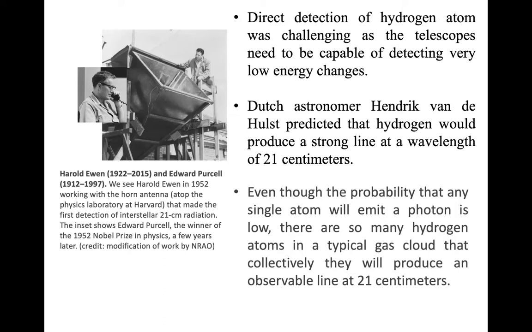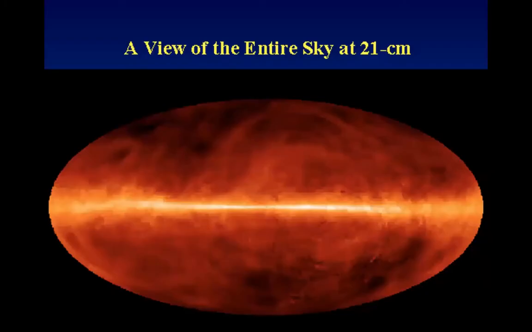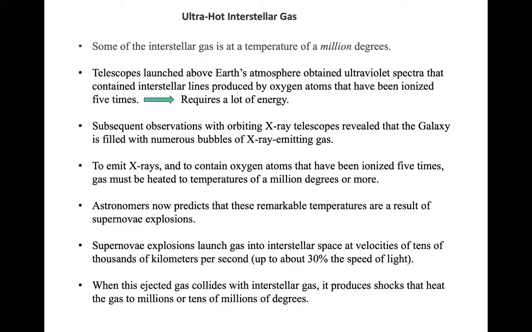It is the most widely available thing, which means the neutral hydrogen is very widely available, right? So there are so many hydrogen atoms in a typical gas cloud that collectively they were expected to produce an observable line at 21 centimeters. That was the prediction, and it was actually detected, and this is how the entire sky looks when you look at it in the 21 centimeter line.